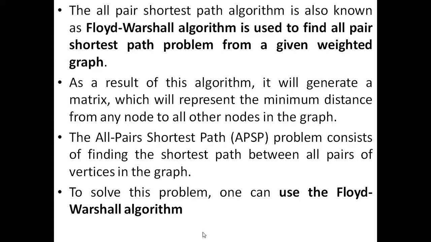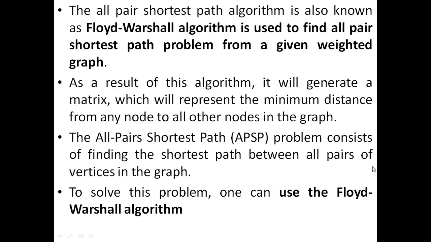That is what we are going to find with Floyd's algorithm. Finally, the result of this algorithm is a matrix. This matrix represents the minimum distance from any node to all other nodes in the graph.